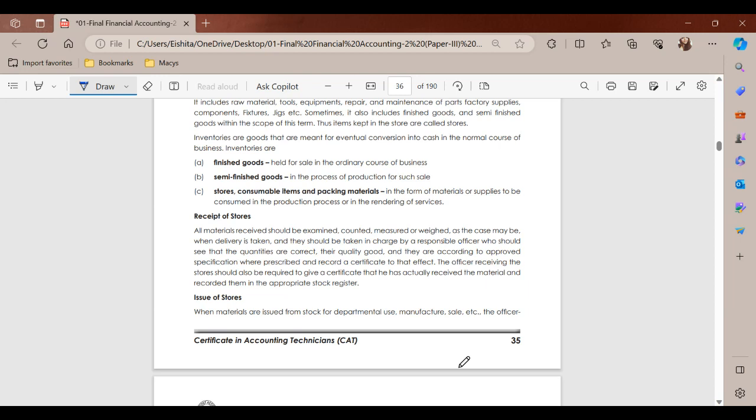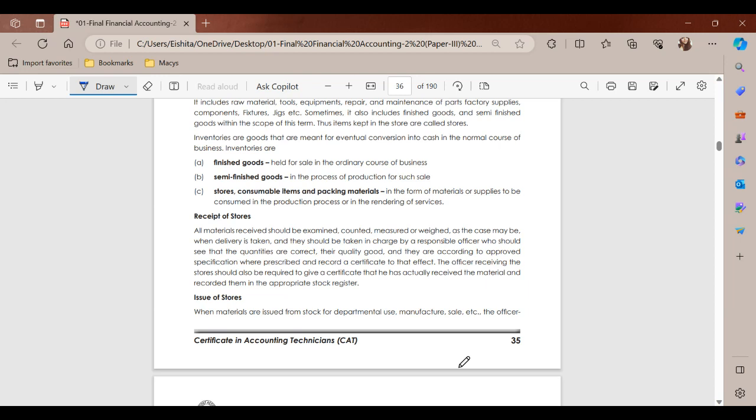Issue of stores. Now the turn will come when he will issue the stores, when materials are issued from stock for departmental use. So you will see the welding department, the paint shop, the conveyor belt, all these are respective departments. Once you receive the material, you will also issue it to various departments, or for manufacture or sales.